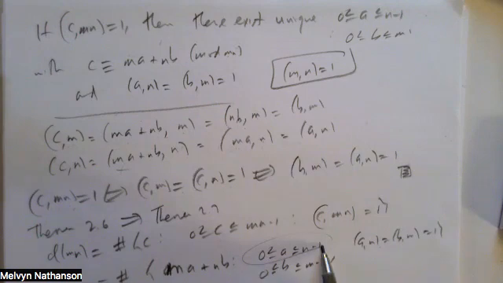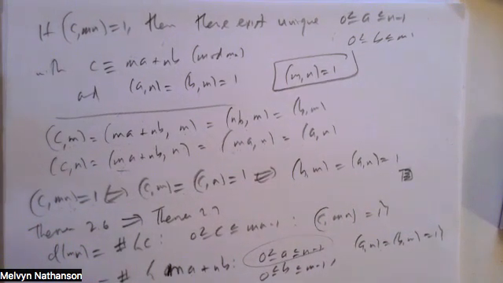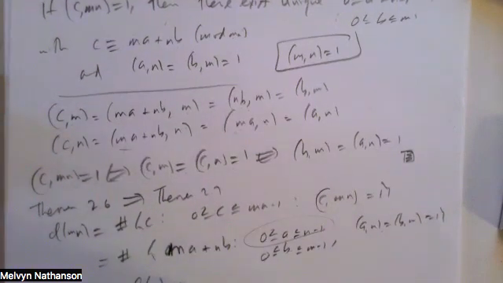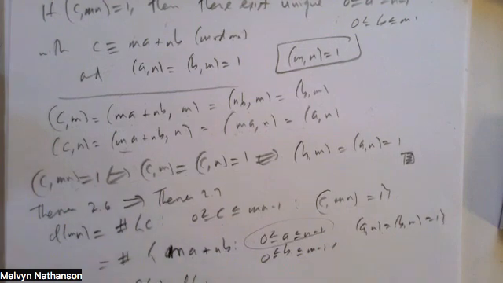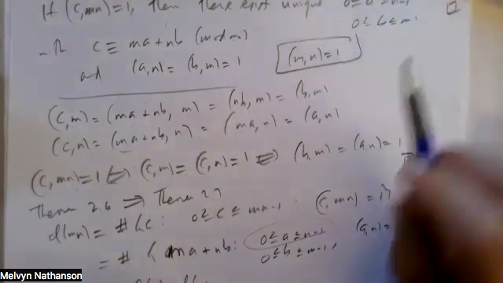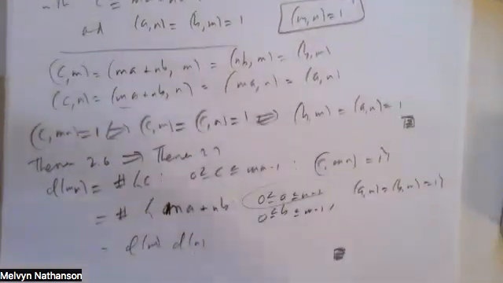The number of choices of A is phi of M. The number of choices of B is phi of N. Sorry, the number of choices of A is phi of N. The number of choices of B is phi of M. So phi of MN equals phi of M times phi of N. So that, marvelously enough, completes the proof of our theorem.